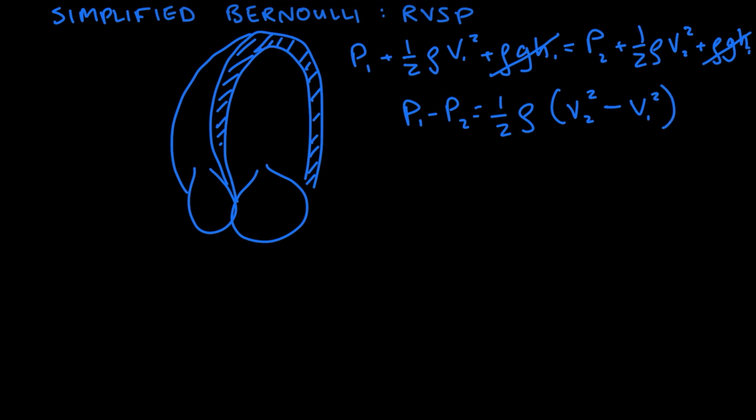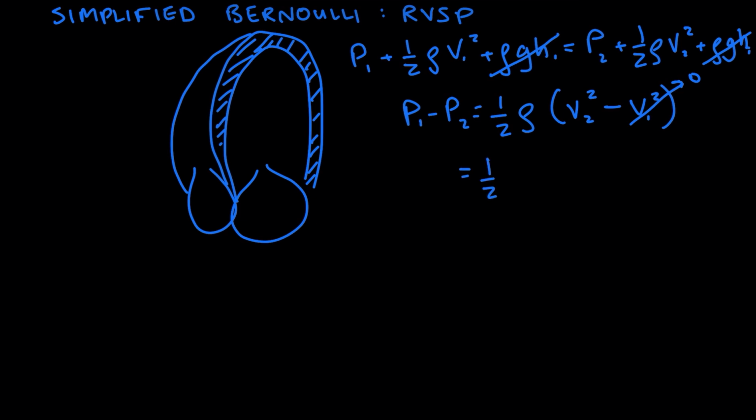And again, thinking about units here, if we have blood at a first point that is going at less than 1 meter per second, let's say it's 1/2 meter per second, as you square that, you're going to go from half to an even smaller fraction, right? 1/2 times 1/2 would be 1/4. And so as long as our first point of velocity is going at a relatively lower rate, this will disappear to 0.